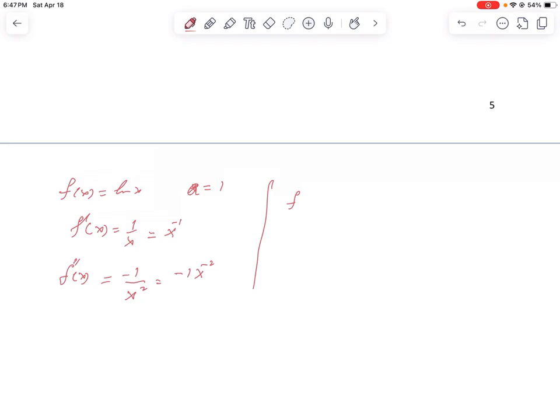So you can be given a question where they ask you to find the Taylor series of f of x equal to 1 over x. So note here, we are starting at this step.